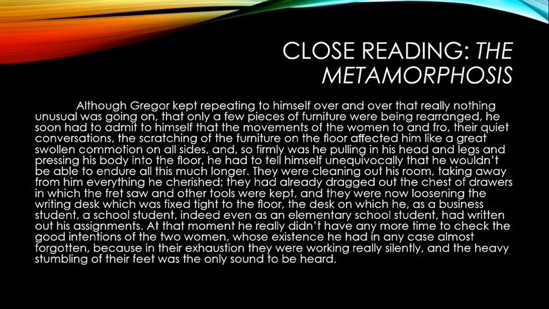So one of the things that stands out in this passage to me as a reader is the imagery, and the way that the imagery is sort of listed. So the listing in itself provokes a sort of atmosphere, mood in the text of anxiety and distress, and we're feeling the distress that Gregor has at what's happening around him.